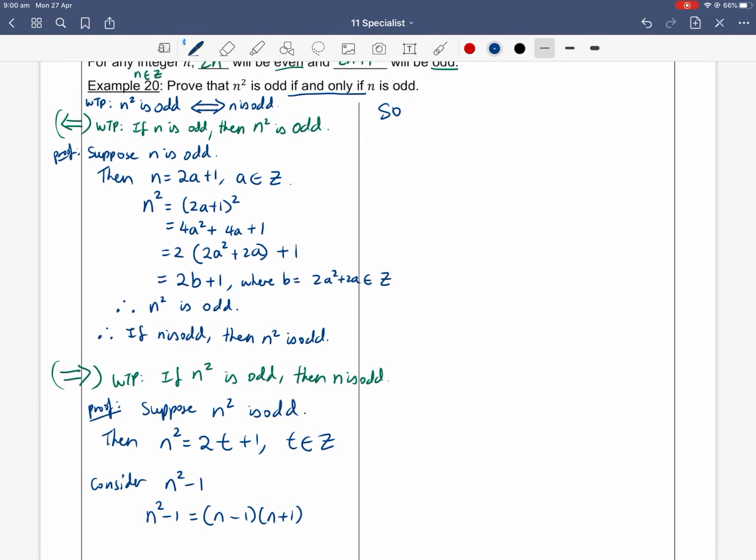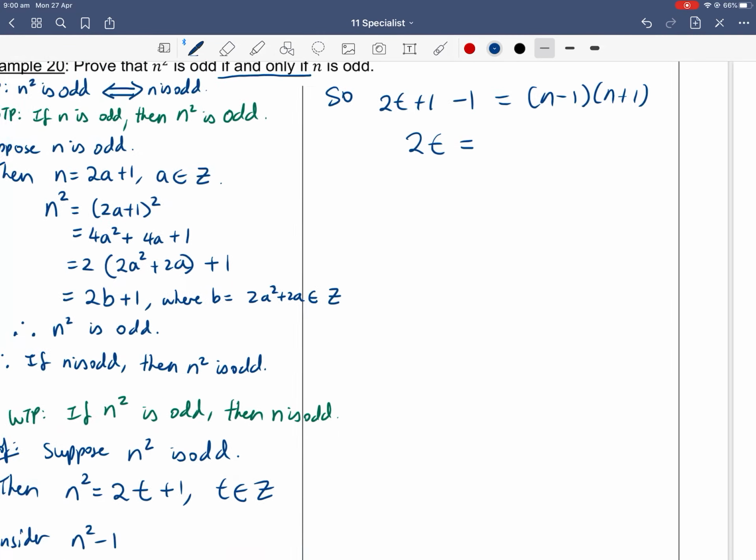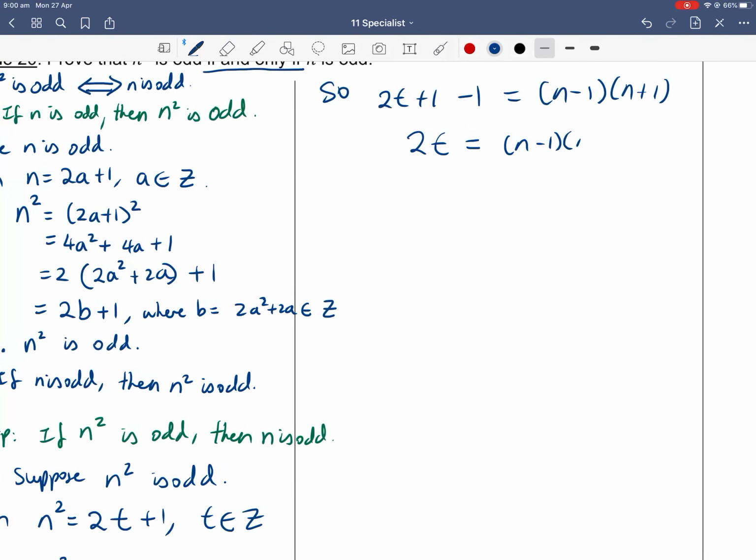So that's saying that if n squared is 2t plus 1, then 2t plus 1, because that's n squared, minus 1 is n minus 1 times n plus 1. So plus 1 minus 1 on the left gives us 2t is equal to n minus 1 times n plus 1.